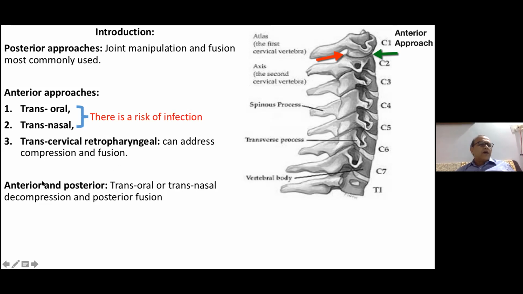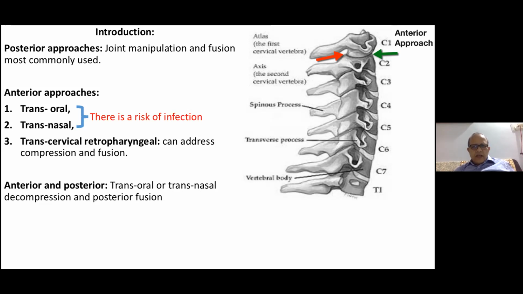So there can be both anterior and posterior procedures, in which transoral or transnasal decompression was done when you cannot satisfactorily treat this anomaly by posterior approach, and the fusion is done from the posterior side.